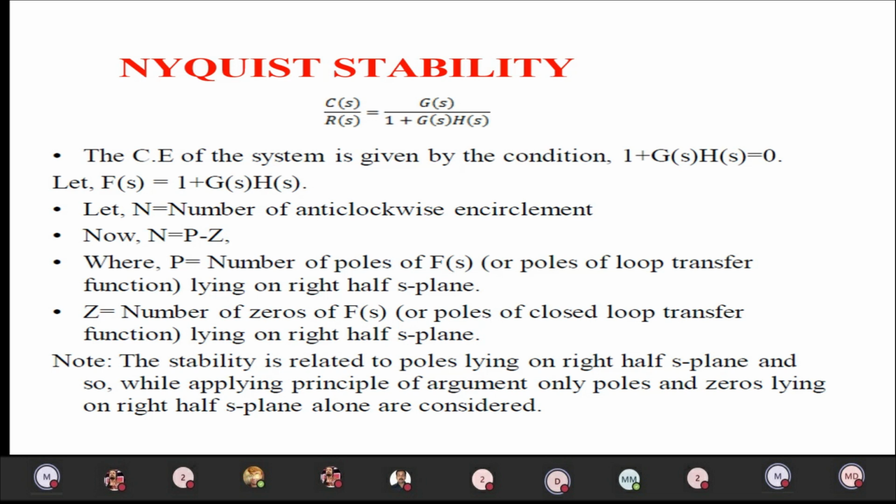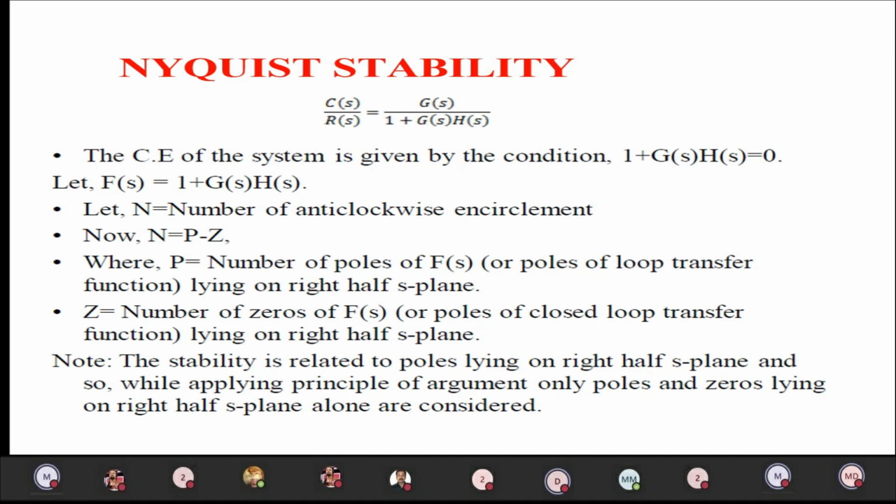If the minus 1 plus j0 point is encircled anti-clockwise, then the system is stable. If it is encircled clockwise, then it is said to be unstable. If the minus 1 plus j0 point has no encirclement, and no pole in the right of the S-plane, then the system is stable. So these are the three conditions.